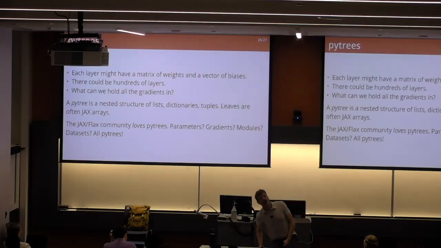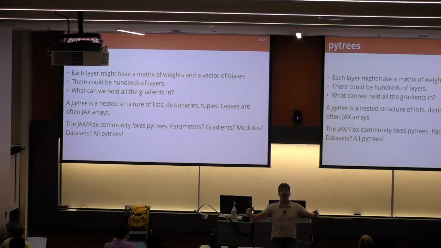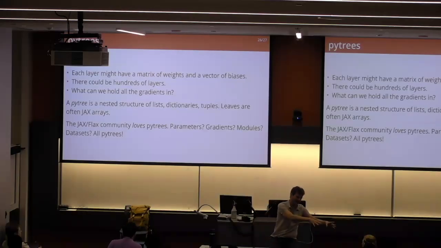As you read the documentation for Flax and NNX, you're going to keep running into this word pytrees. What happens is you get all these gradients. There's a gradient for this weight matrix, and a matrix of gradients for this weights matrix, and a matrix of gradients for this weights matrix.